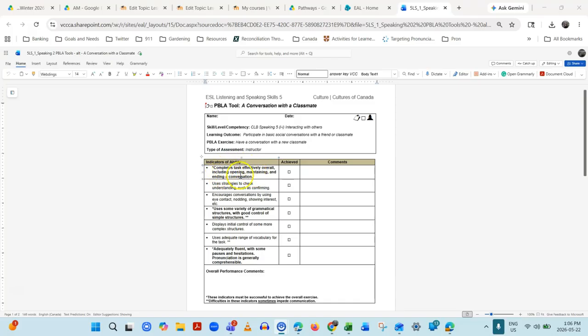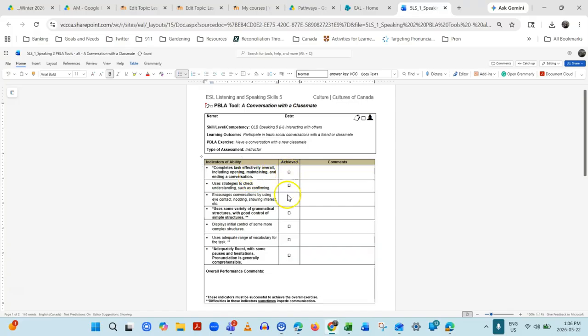This bolded indicator here is "completes tasks effectively overall." The second one is "uses some variety of grammatical structures," and the third one is "adequately fluent with some pauses and hesitations." So they must achieve these three bolded ones, and they must achieve at least 5 out of 7.